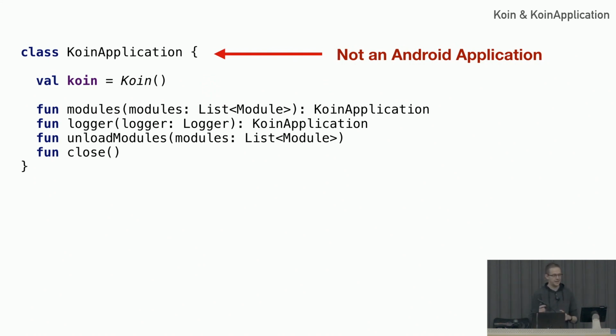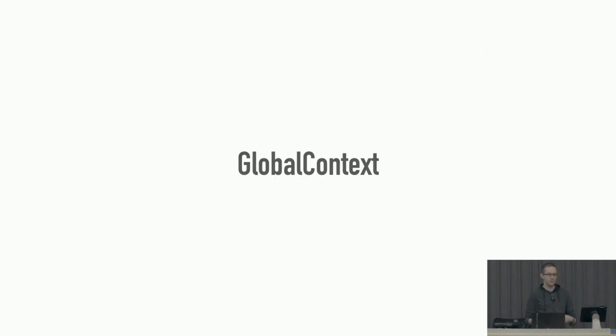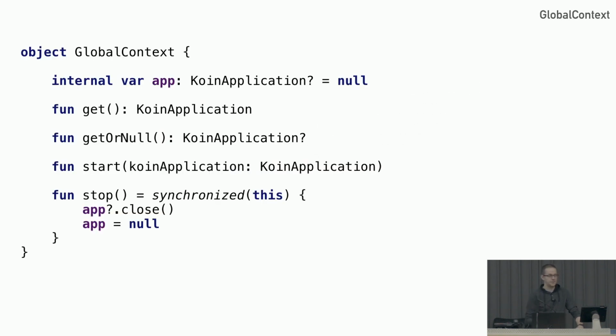One thing to point out about this is that it is not an Android application. Right? We have DaggerApplication, which is an abstract class. Your normal application would extend that, and that's not what this is. It's an entirely separate thing. I'll get more into that in a second, because we have this other thing called a global context, and this is pretty much what you would expect.